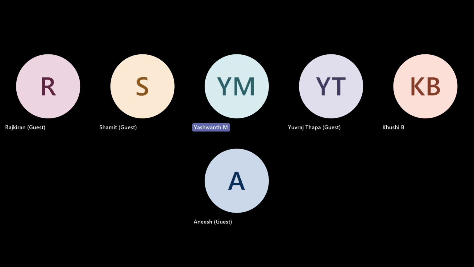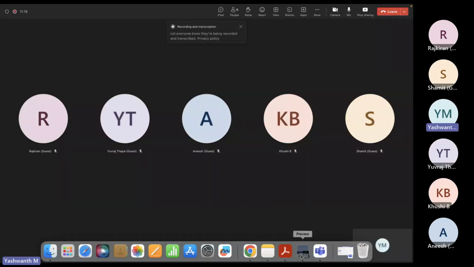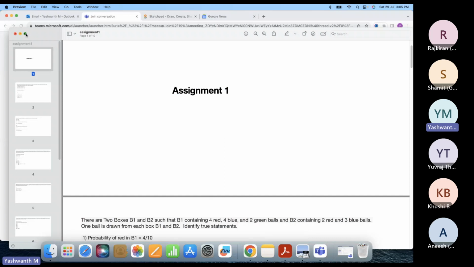Yeah, so let's start. I think we waited for 5 minutes. Let me know if you guys can see the screen. I'm sharing it. You can see the screen, right?